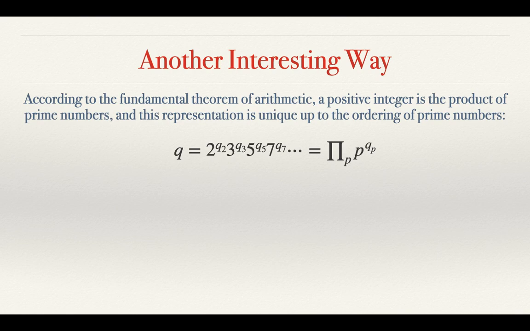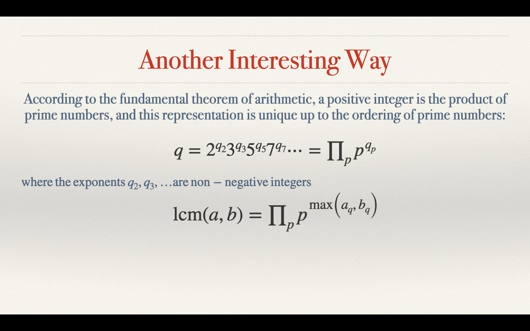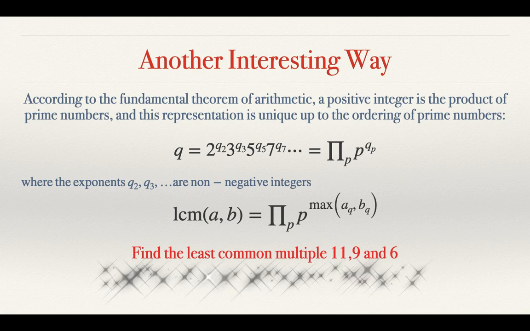Here we have to remember one thing, this p is actually the prime numbers which are present in the prime factorization and the exponents q2, q3 ... are non-negative integers. Now when we will try to find the LCM of a and b, we can use this formula. Now this formula looks a very complex thing for us. But when we are using it, it becomes very easy.